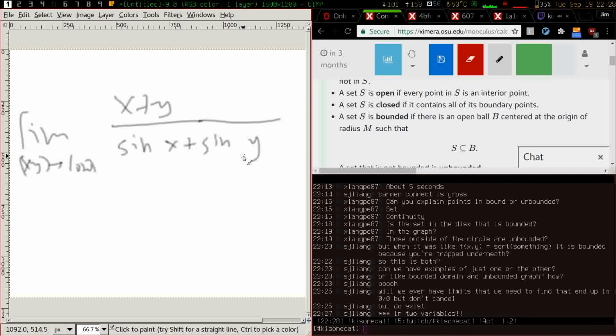What happens in this case? How would you analyze something like this? You can't do any sort of cancellation of 0 over 0 in a case like this.